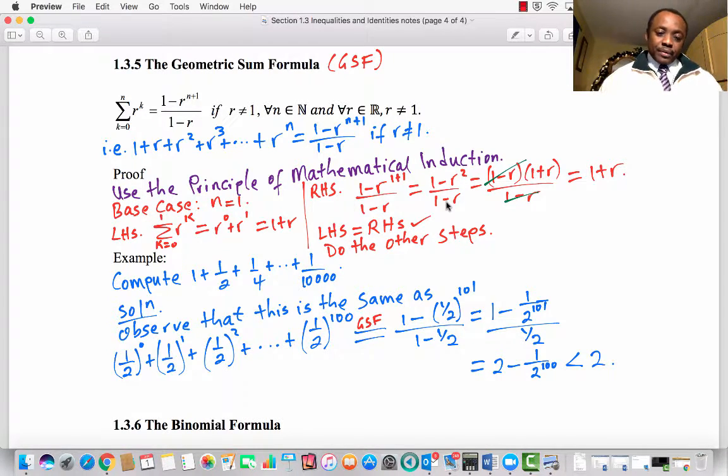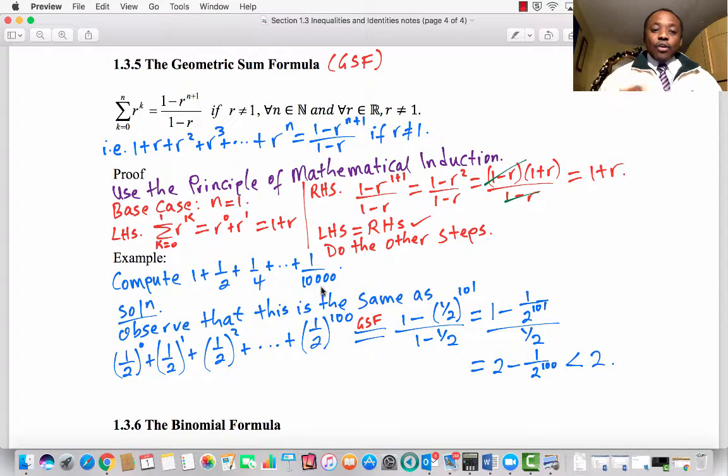Example, compute for me this sum, 1 plus 1 half plus 1/4 plus, up to, 1 over 2 to the 100. You can roll up the sleeves of your shirt and write it all out and find the sum, or you could use the geometric sum formula to get the answer very quickly.